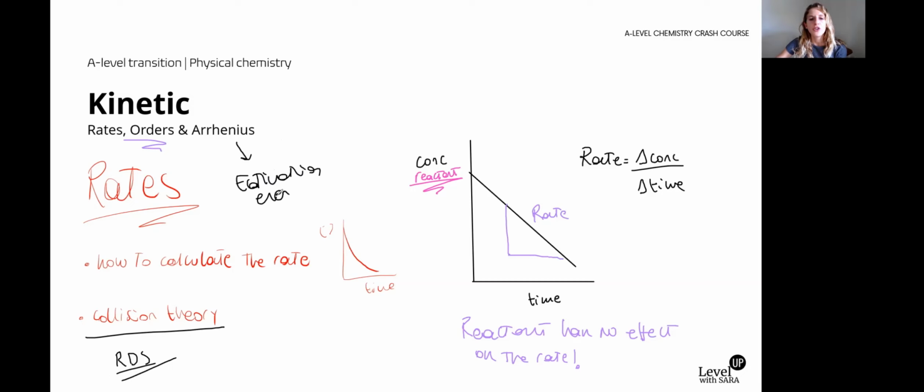Okay, do you remember where we wrote activation energy? Well, it was this graph where we have the progress of the reaction and the energy changes. Remember, we always wrote it like this. This is for an exothermic reaction, but remember that the activation energy is always from the reactant to the top of the curve.